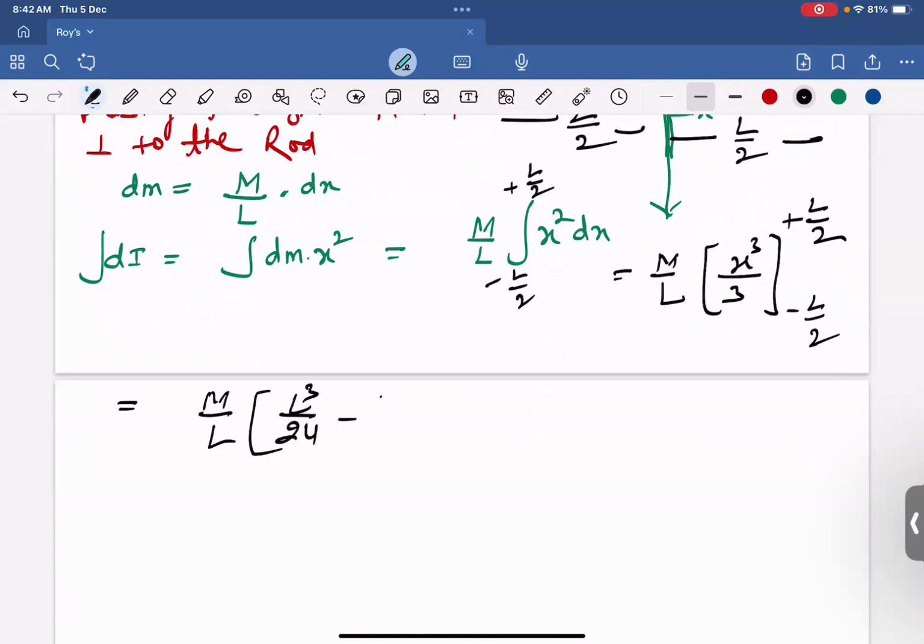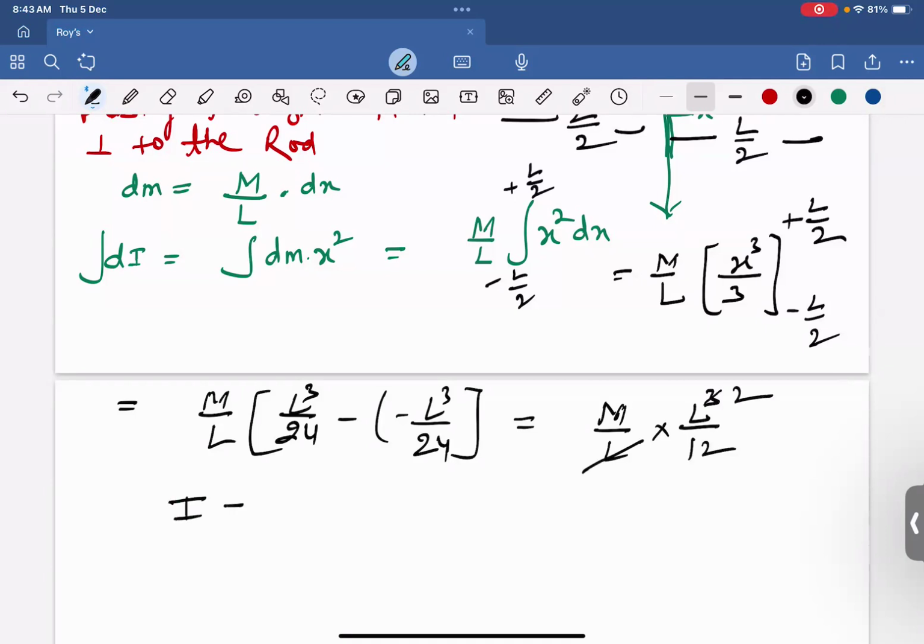And here is minus, so this will be minus L cubed by 24. Minus minus will be plus. So it will be M by L times, if you add L cubed by 24 plus L cubed by 24, it becomes L cubed by 12. One L you can cancel. So the moment of inertia of the rod that we are getting is basically ML squared by 12.